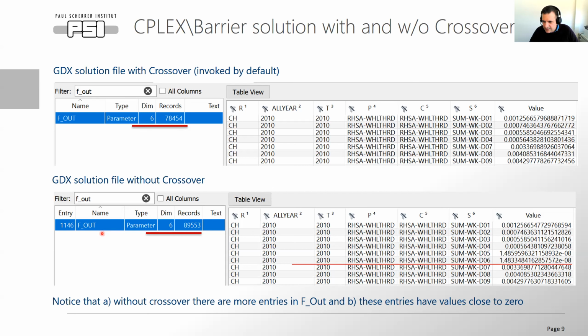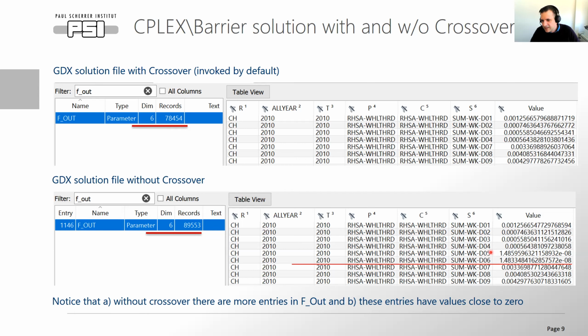What I see here, and this is the difference between basic and non-basic solution, is that in the second case, when I don't invoke the crossover, some variables in the solution are very small. While when the solution is transformed to a basic solution, these variables do not participate and go to their bound, to 0. This is the process that produces the flow for this time slice.